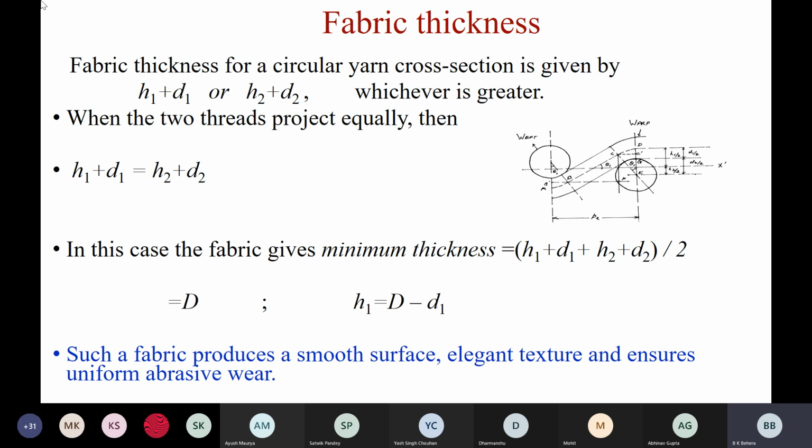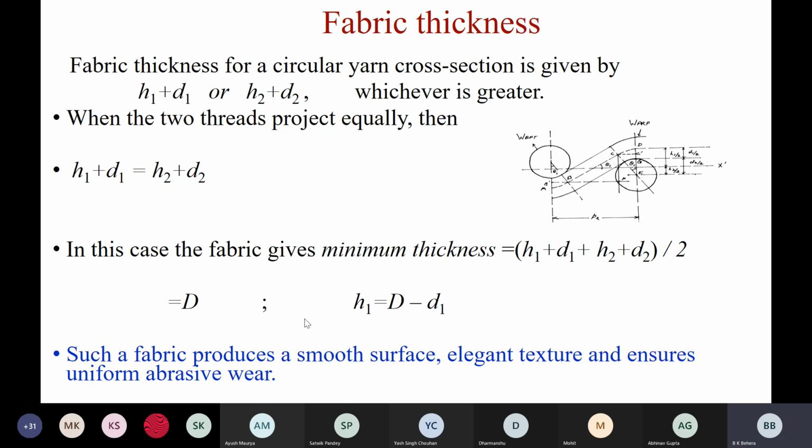So, what is the significance of this point? I am telling you why we consider threads project equally on both sides. That means when both warp and weft threads project in a similar manner on the fabric, we get a uniform texture on the surface of the fabric. The fabric looks smooth.